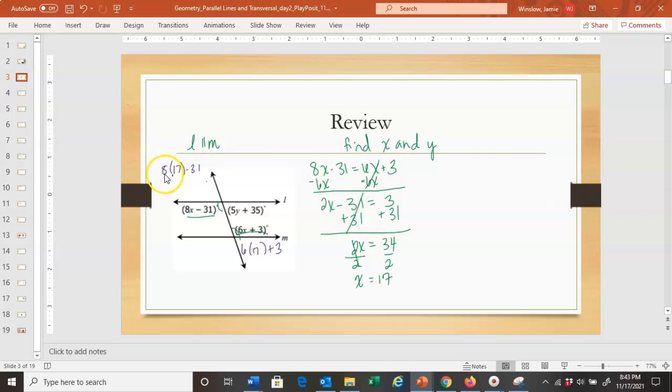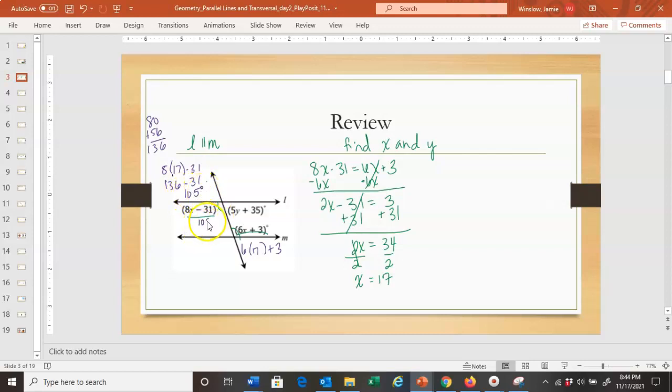Let's see, 8 times 10 is 80. And then 8 times 7 is 56. So 80 plus 56 is 136. So this should be 136 minus 31, and you guys can certainly grab your calculators. I don't have one handy.